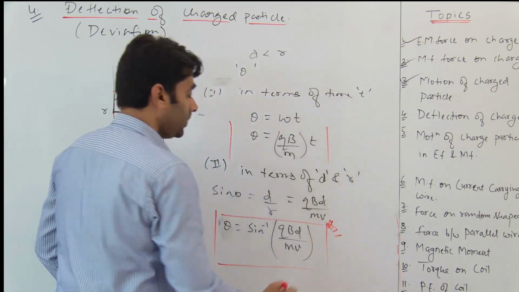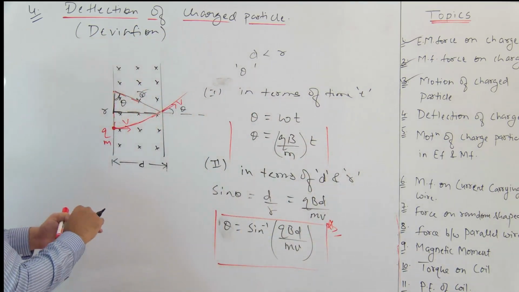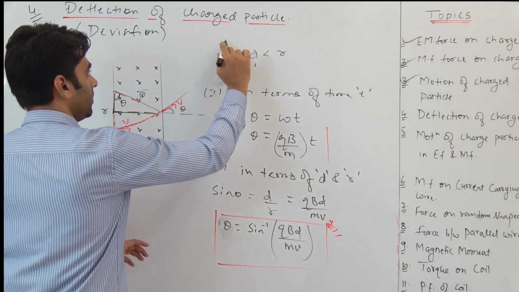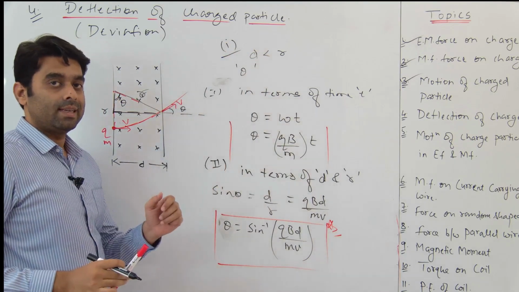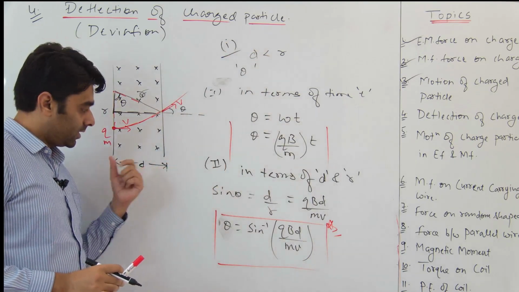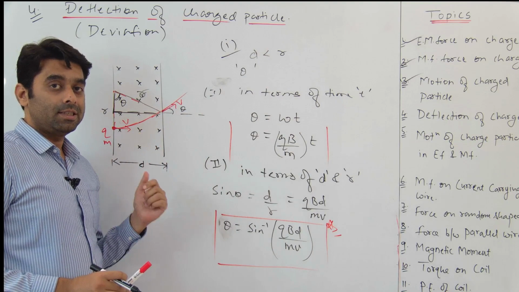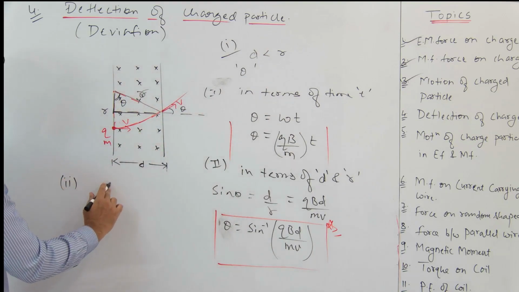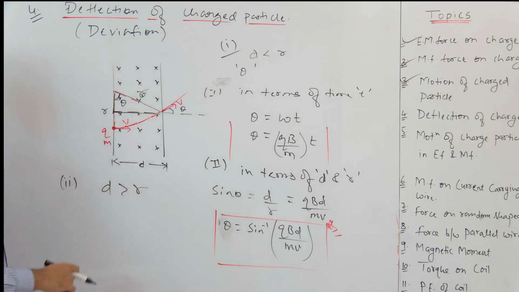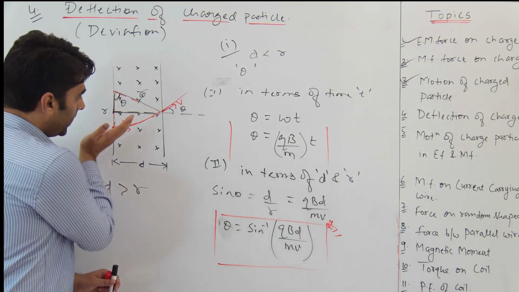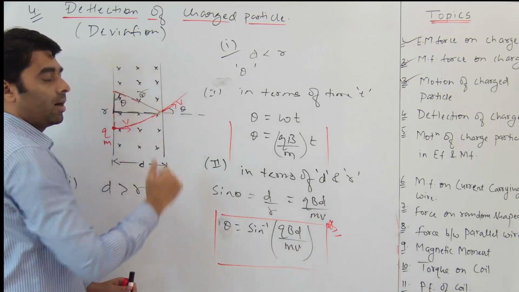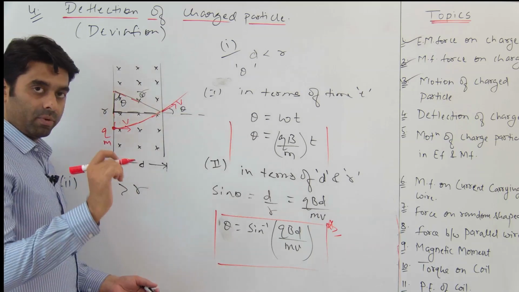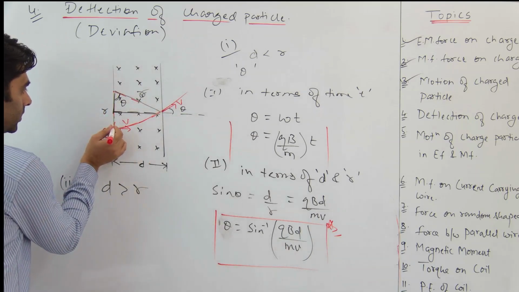Fine. One last point that I want to discuss is, we have discussed this when your d value is less than r, that means the radius is more than this distance. What if your distance d is more than your r? If d is greater than r, that implies the charged particle will get sufficient distance to complete the circular path. In this case, I am drawing it over here. So let's suppose it will be something like this.